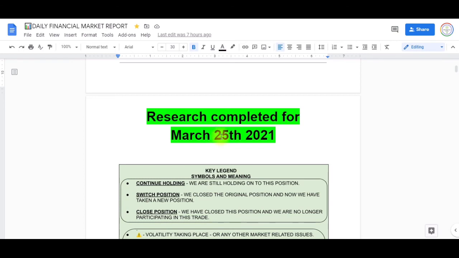Since today is the 25th, and you can see at the bottom right it says Thursday, March 25th, 2021, that means this report is current and up to date, and the research has been completed. That means every bit of information on this report is accurate according to our research team and according to the Forex Helper strategy, current market value, and current market movement.